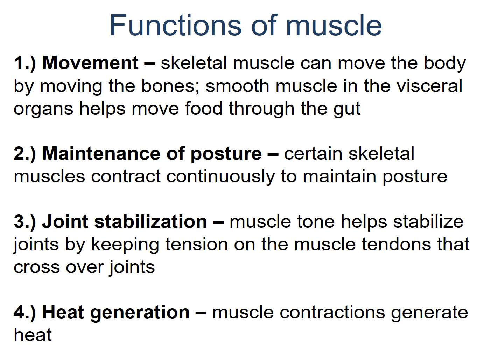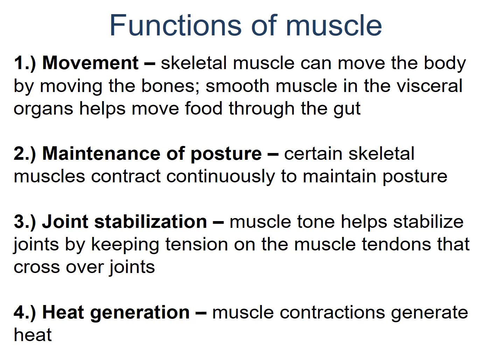All right, so when it comes to muscles, we need to review the function of muscles. The first function is movement. Skeletal muscles can move the body by moving bones. We know that you can't directly control bones, but you can directly control your skeletal muscle. When you contract your skeletal muscle, that pulls on tendons, which are attached to bones, and that's how you move your body.